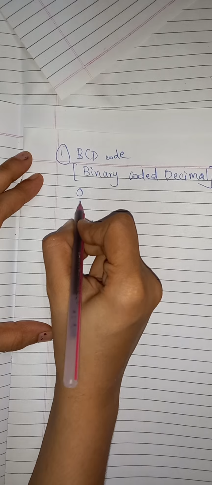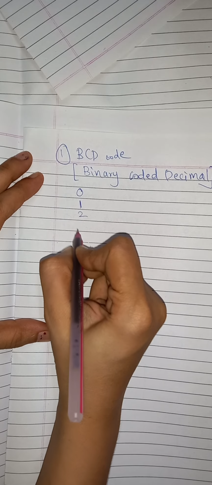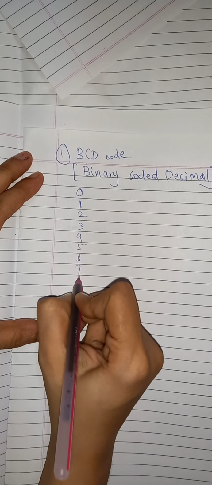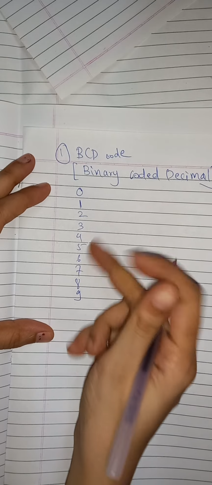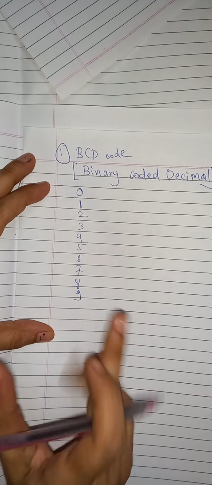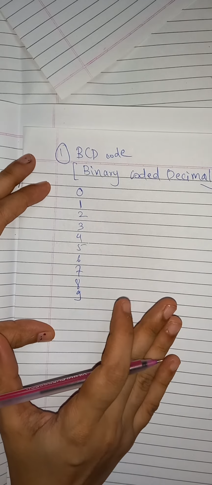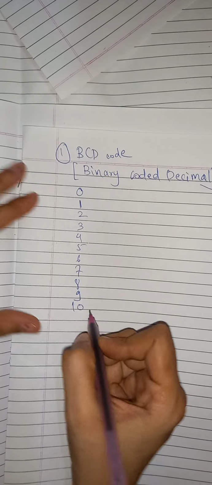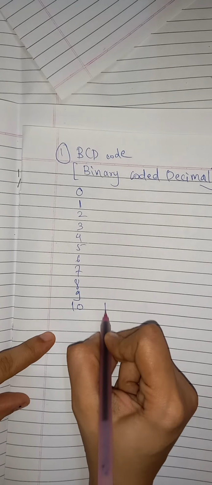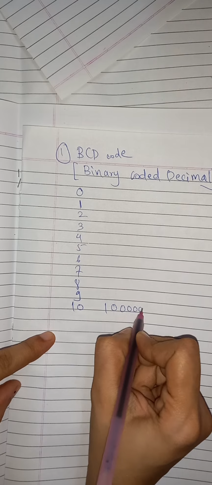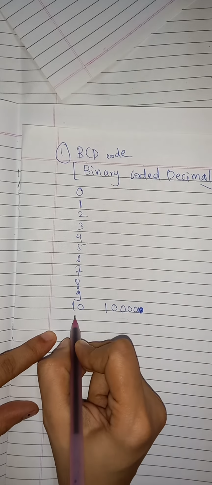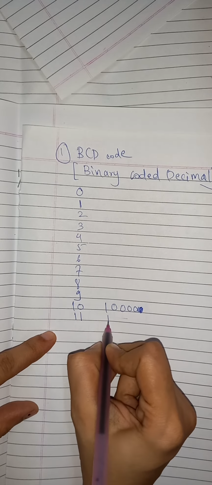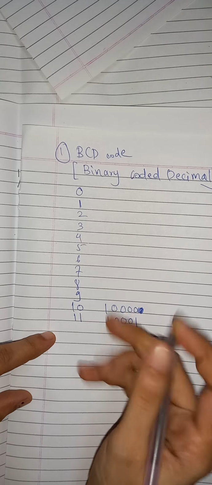just like our decimal number system 0, 1, 2, 3, 4, 5, 6, 7, 8, 9, up to 9, they are represented as they are, but 10 is represented as 1 0 0 0 0, like that. 11 is represented as 1 0 0 0 1, and so on.